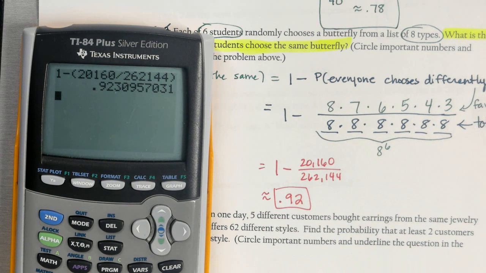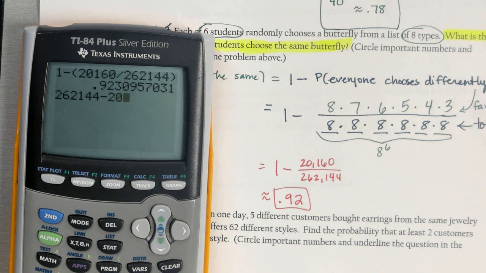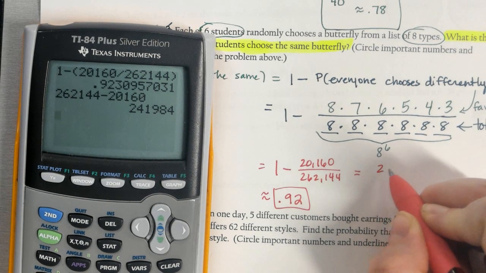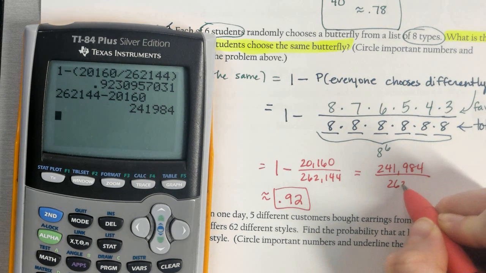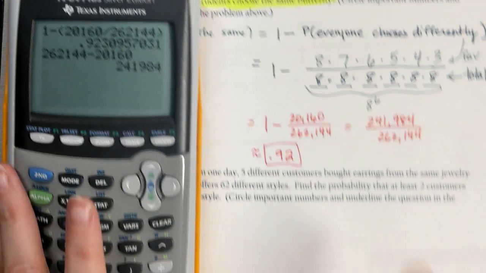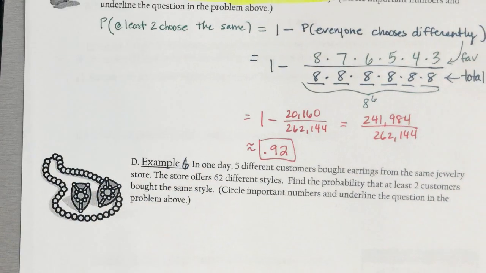If you wanted to get the fraction first, you could also do that. You could just take the denominator minus the numerator, so this is what you're calculating, 241,984 over 262,144. You get the same thing, and you don't have to do that. You can just do all the 1 minus together.